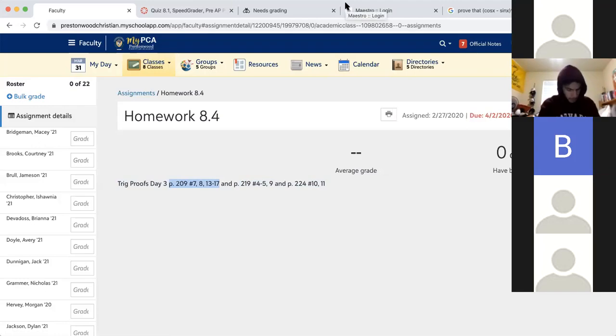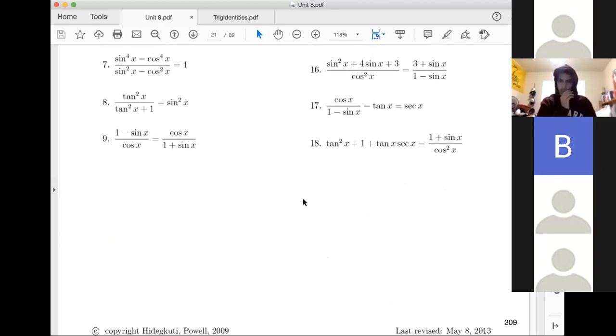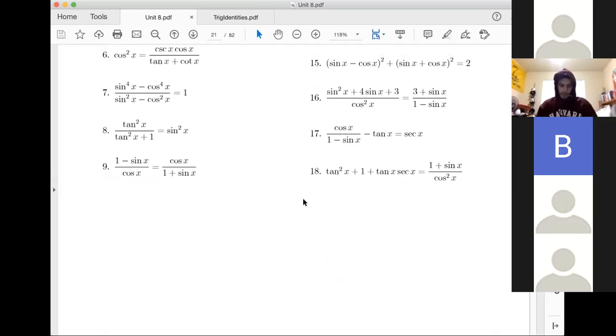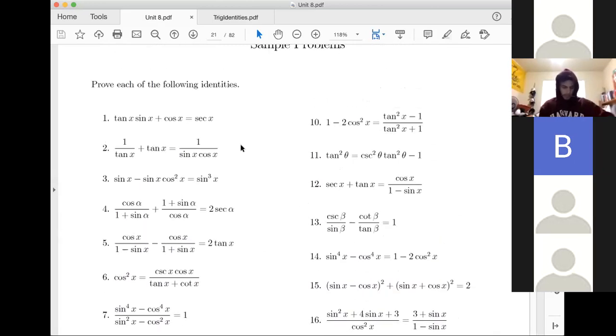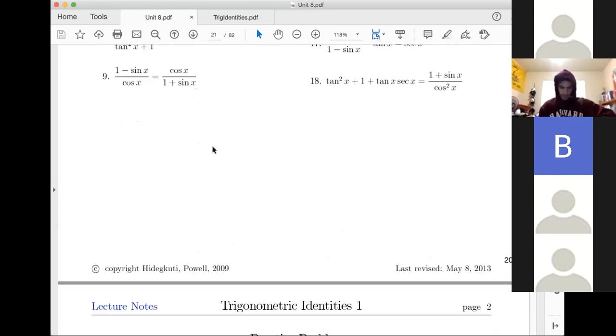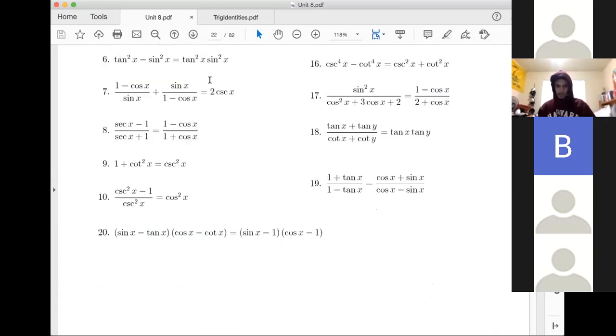Just for future reference, because I know some of you really like to practice extra stuff, let me show you this as well. This is the page I assigned part of for your homework. I'm never going to assign the rest of it, but I can help you with any of those if you need them. So this is a great place for extra practice, but even better, the back page is all very similar problems.